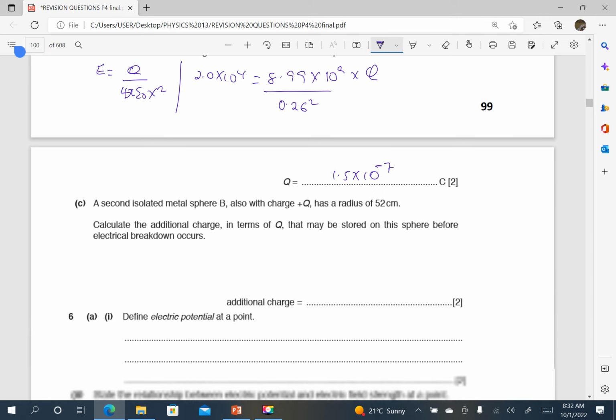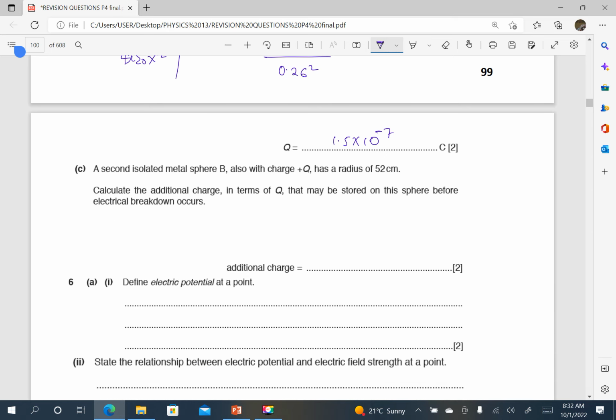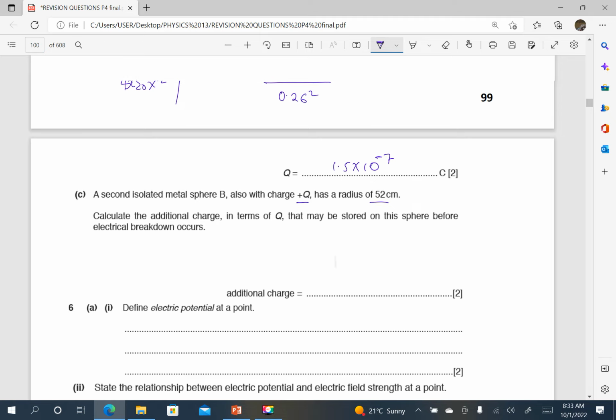The second isolated metal sphere B, also with the charge positive Q, has a radius of 52 centimeters. Calculate the additional charge in terms of Q that may be stored on the surface before electrical breakdown occurs.